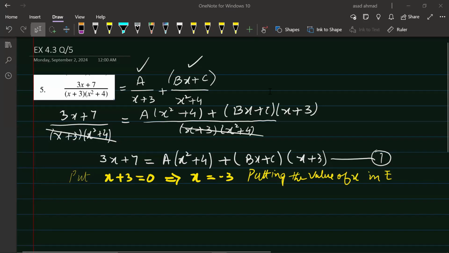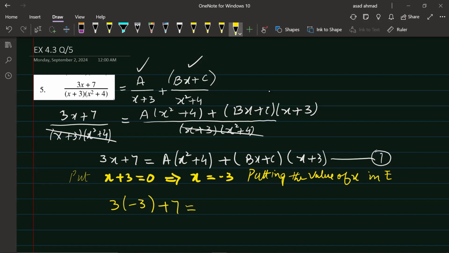Once the values are substituted, it will be like minus 3 square plus 4. In place of x, we will substitute minus 3b plus c minus 3 and plus 3.